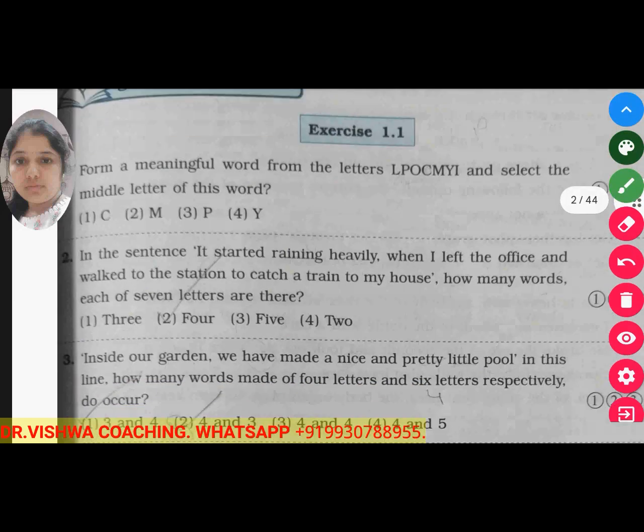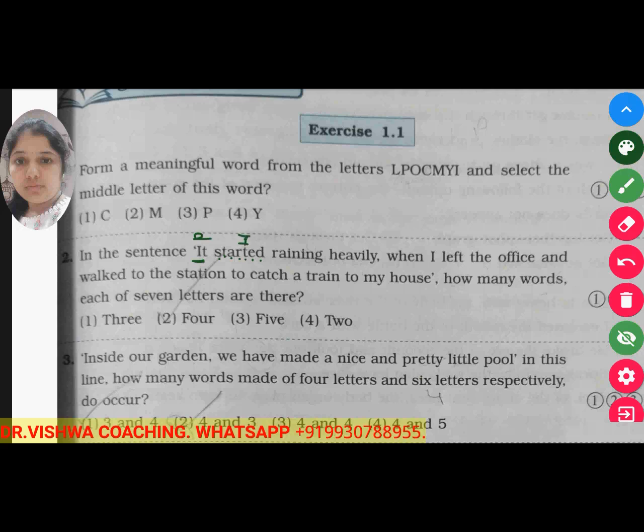Okay, now in the sentence: it started raining heavily when I left the office and walked to the station to catch a train to my house. How many words each of 7 letters are there? Now see, count the letters in each word. Now, it has 2 letters. Started has 1, 2, 3, 4, 5, 6, 7 letters.